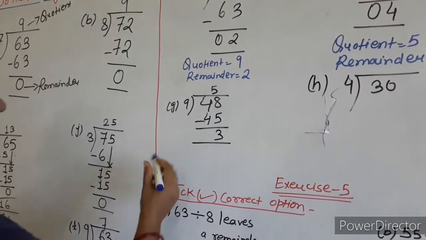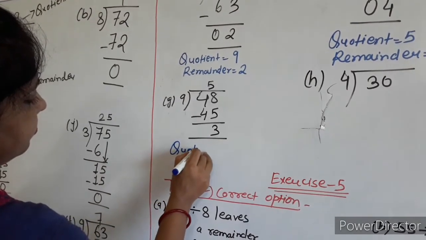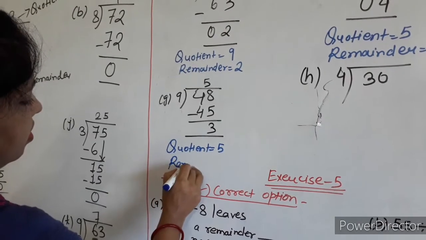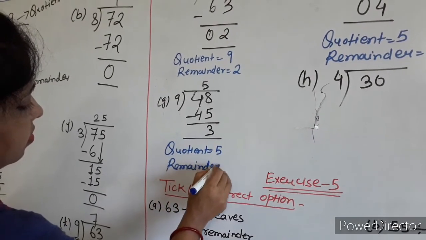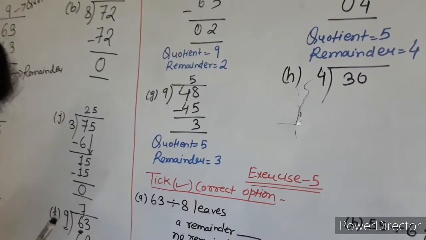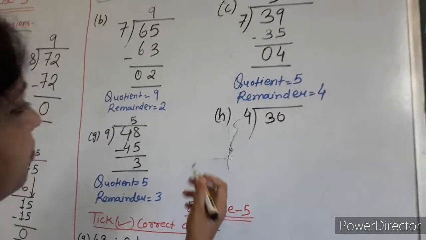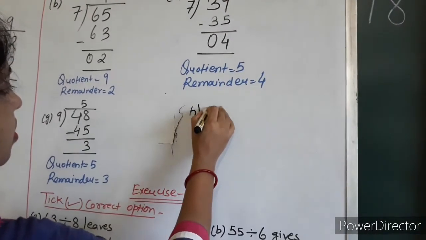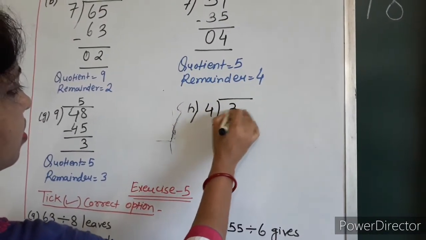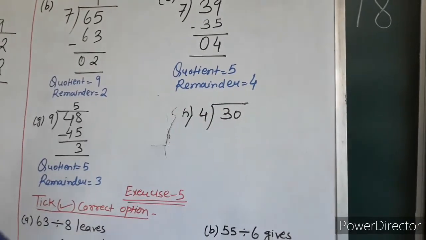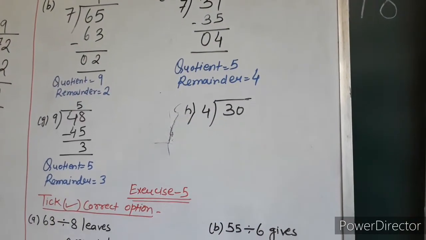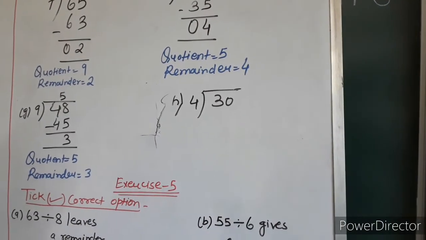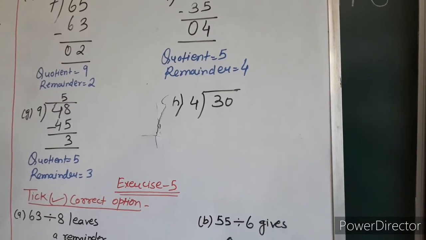So here we can write quotient, then remind the table of 4. 4 1 is 4, 4 2 is 8, 4 3 is 12, 4 4 is 16, 4 5 is 20, 4 6 is 24, 4 7 is 28 and 4 8 is 32.